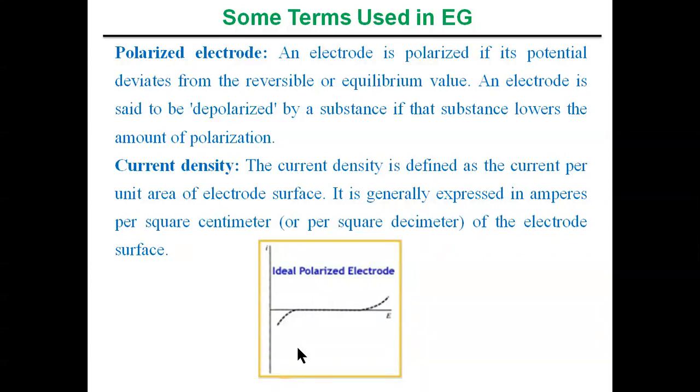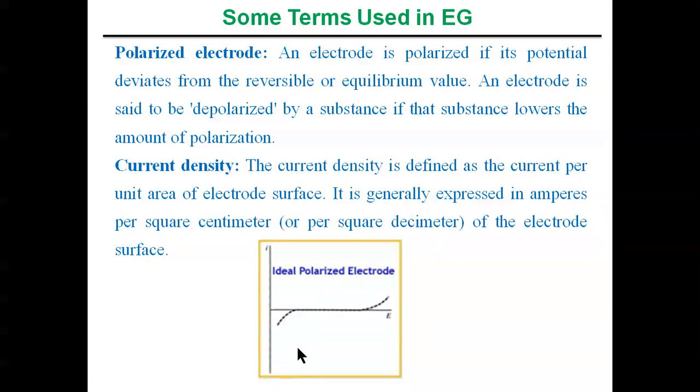That is the current per unit area of the electrode surface, generally expressed in amperes per square centimeter or per square decimeter. So these are the general terms often used in the electrogravimetric technique.